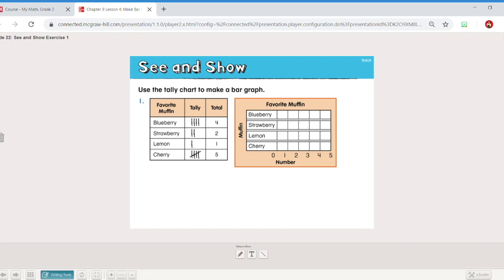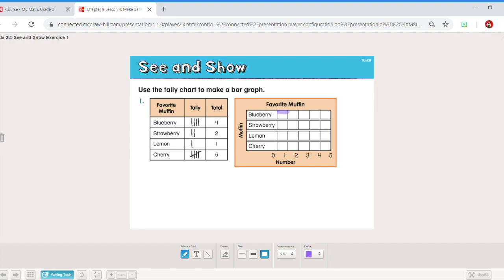Let's finish one together before I send you off to finish your packet. We're going to color these in based on what the tally chart shows. So make sure we're reading carefully. Favorite muffin, tally, total. Favorite muffin, number, muffin. So we have muffin types and how many. Looks like there were 4 blueberry muffins.